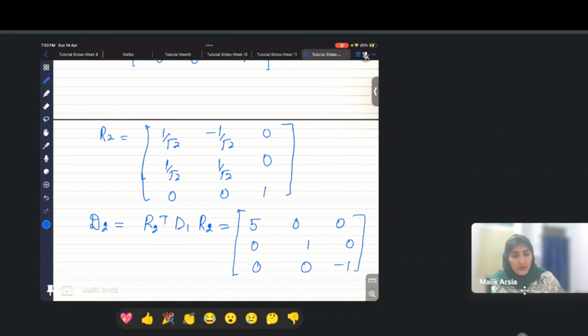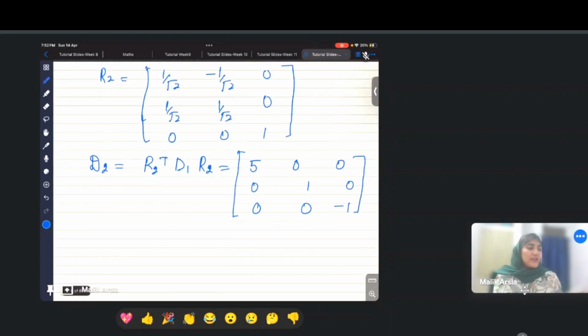Now see, this is a diagonal matrix, and here you have to stop because you have reached your eigenvalues. This 5 is your first eigenvalue, 1 is second eigenvalue, and minus 1 is third eigenvalue. So lambda 1 is equal to 5, lambda 2 is equal to 1, and lambda 3 is equal to minus 1.